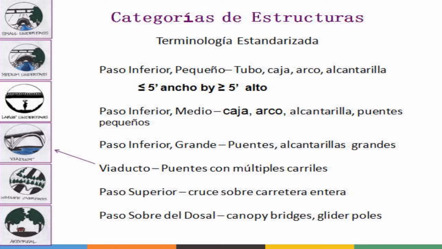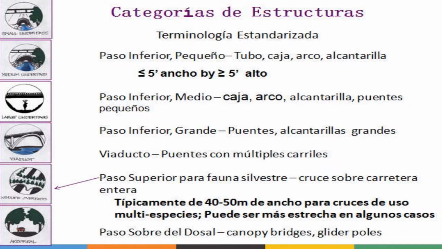And of course, it starts at that size and gets bigger. But when you get to a viaduct, that's where you have a very large span that includes vegetation underneath. It's a bridge that has a lot of space underneath it, usually and hopefully with vegetation.